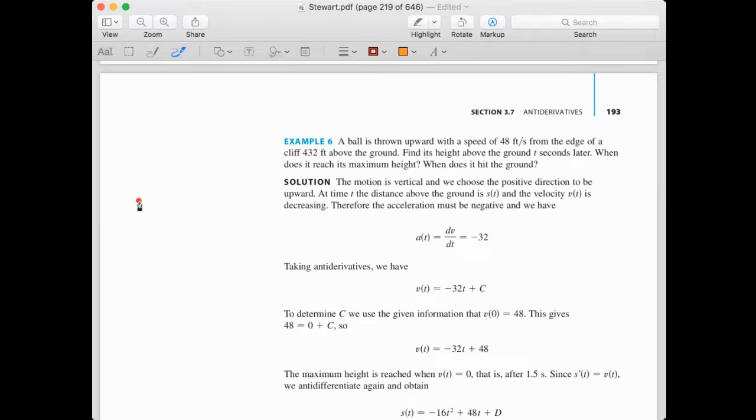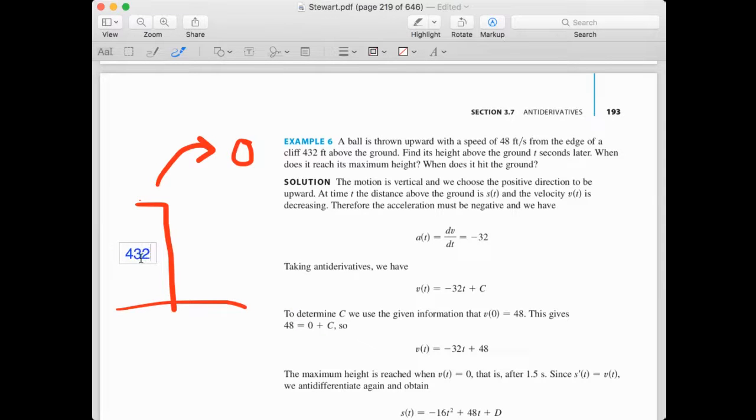So imagine we have someone. So this is a cliff. Someone standing here tosses a ball upward, and we know the height here is 432 to the ground. So let's think of this as the ground.